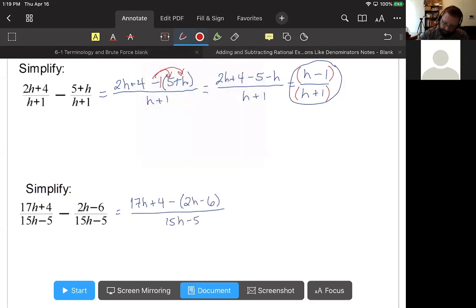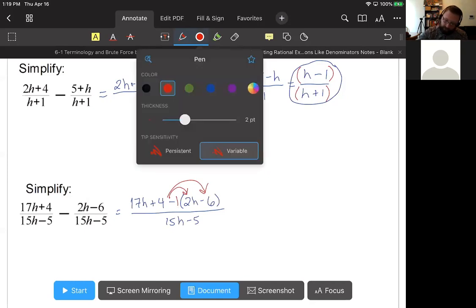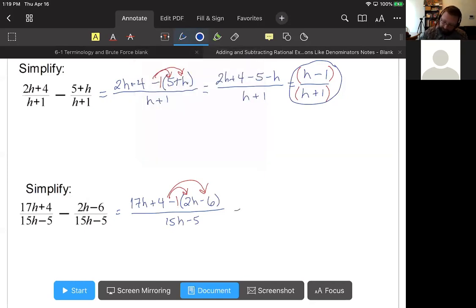That means that we have to take that negative and it has to be applied to both of these terms, the 2h and the -6. So what we really have there is 17h plus 4 minus 2h plus 6 over 15h minus 5.